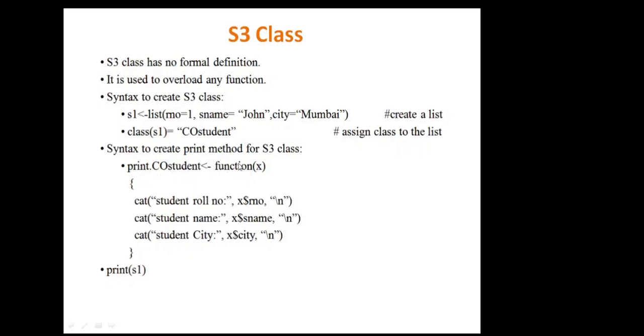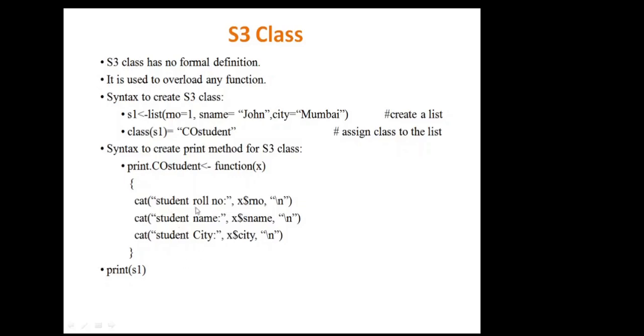Okay, equals to function. We are creating a new function and it receives one parameter x. This x parameter is nothing but an object. While calling this function we can pass the name of the S3 object as an argument. So here the body of this function is that I am displaying data as per my requirement.